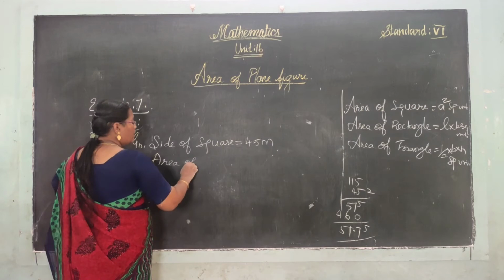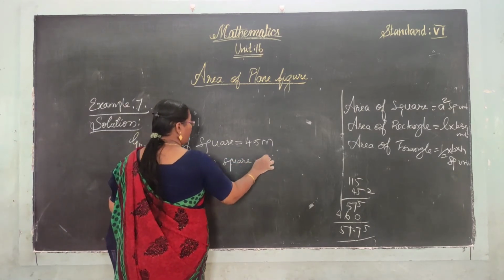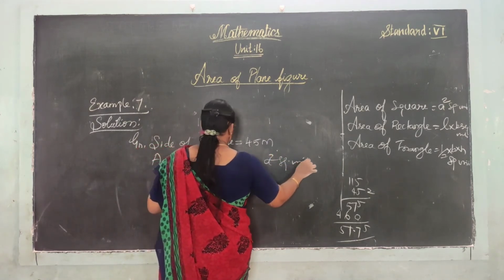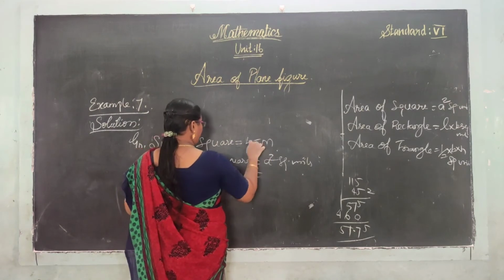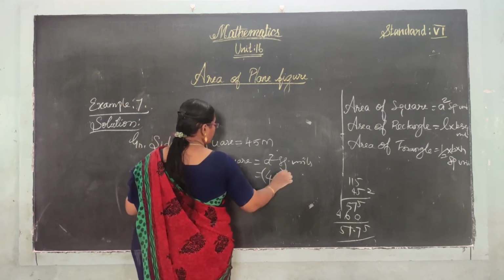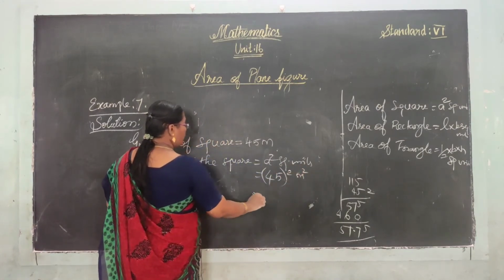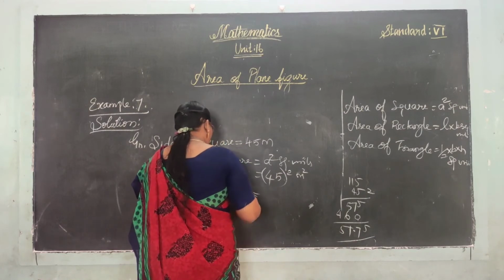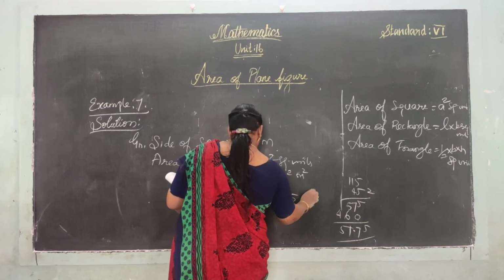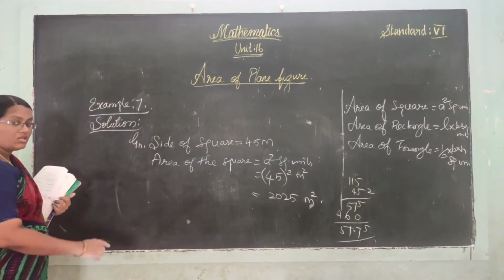Area of the square is equal to A square units. Okay, so you have to write 45 square meters square. So 45 45s are 2025 meter square. Okay, this is the square value.